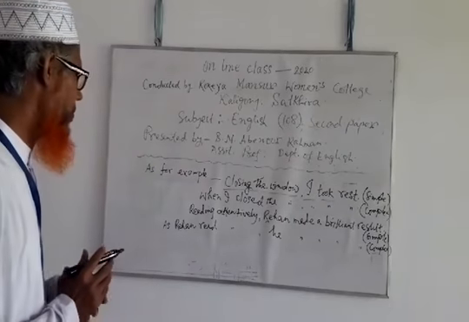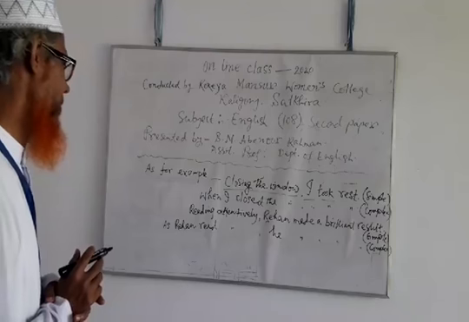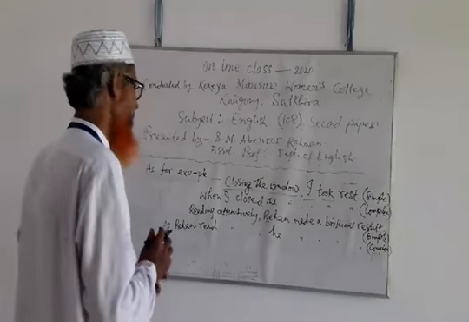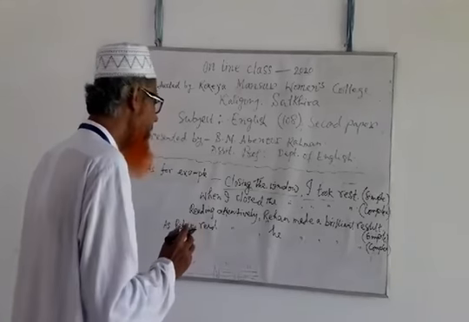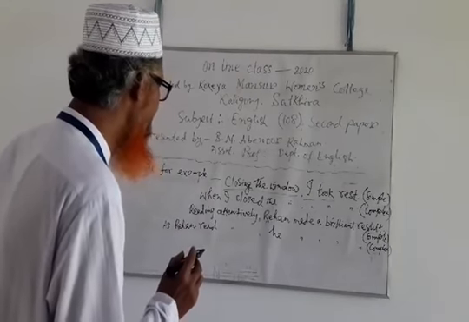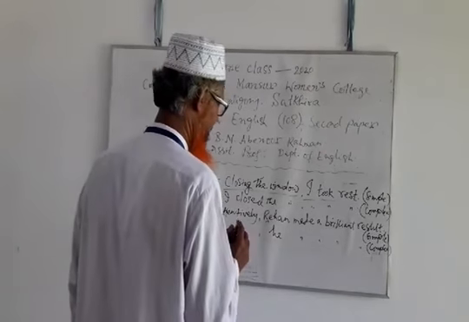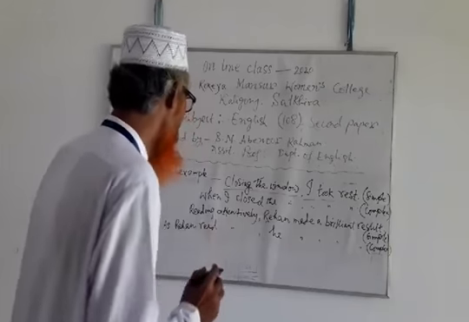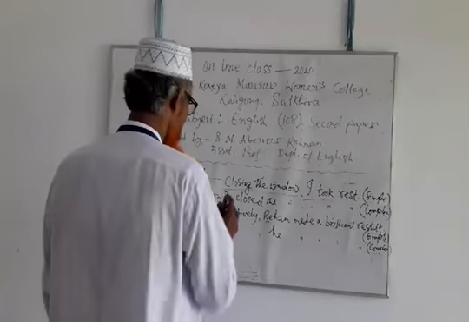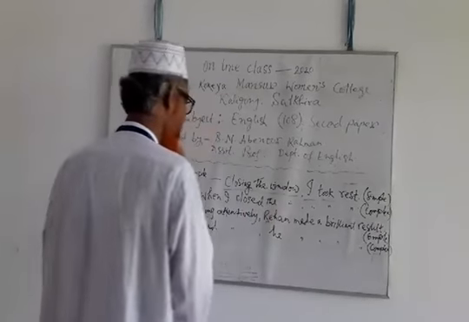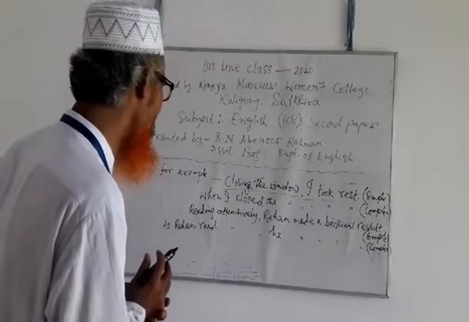Closing the window, it's a participle phrase. And you know what a participle is? A participle is formed by adding ing, d, or ed to the verb, and it acts like an adjective. So to make a subordinate clause from the phrase closing the window, we need a subject and a finite verb.